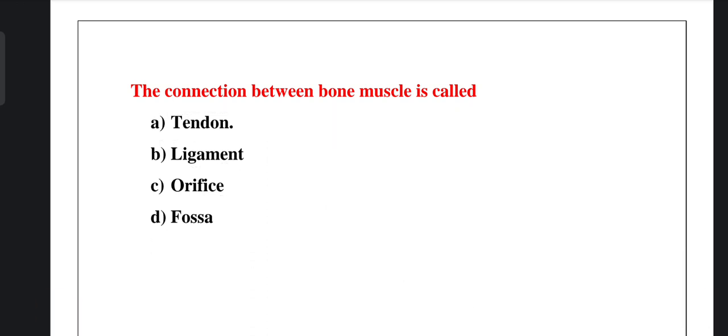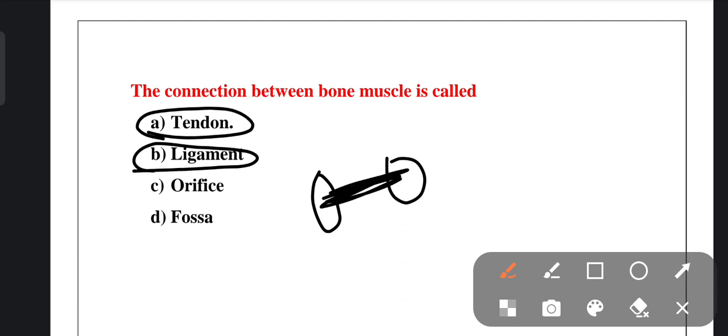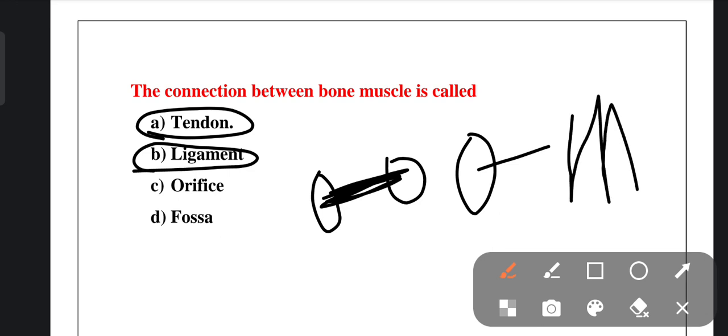The correct option is tendons. Tendons are nothing but which connects the bone and muscle, and ligaments are which connects the bone and bone. Okay, which connects the bone and bone is called ligament. When it is bone and muscle, it is the tendon.